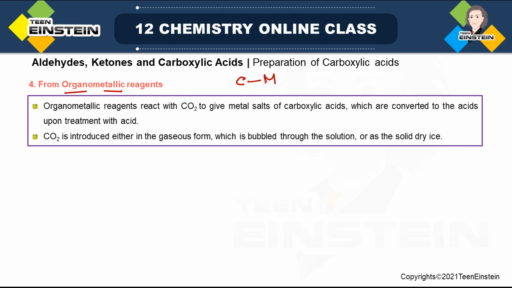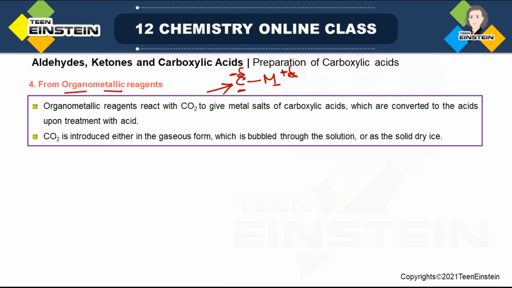Now about the carbon-metal bond, we know that metals are electropositive, and the electronegativity of carbon compared to metal is always high. That means if you consider the polarity of this carbon-metal bond, it will always be negative towards carbon. I am writing delta negative, partial negative charge, and partial positive charge. Fine.